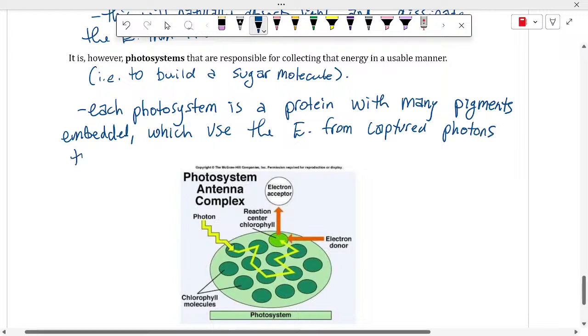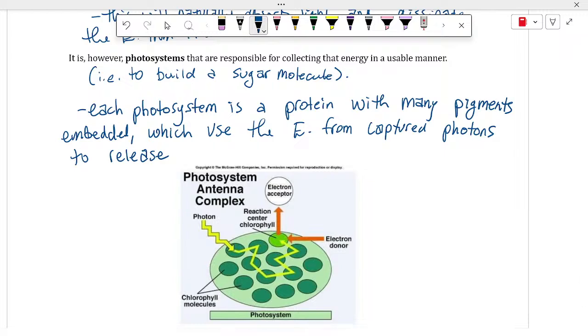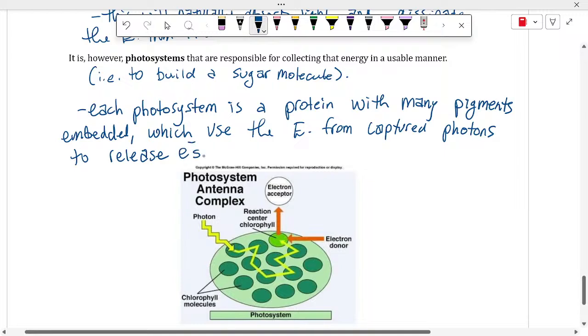to release, well, we've done this redox thing enough now. What do they release? They're going to release electrons. And if they release electrons, those electrons get passed along.